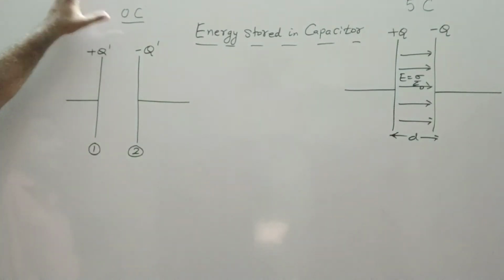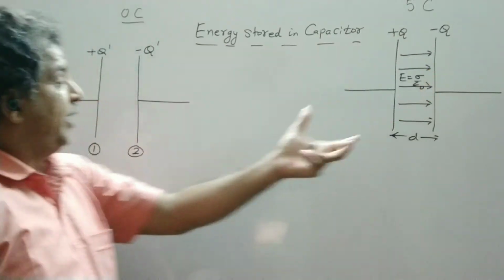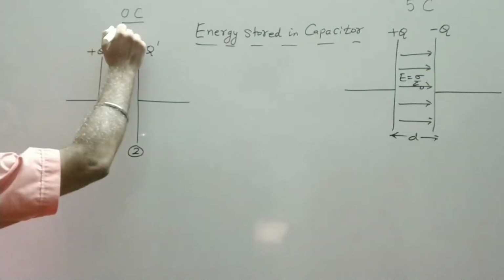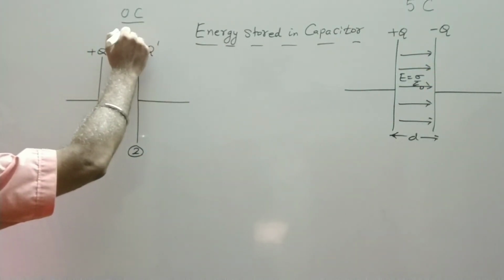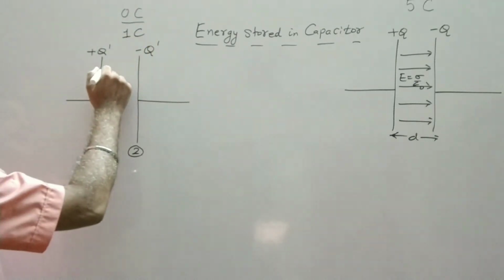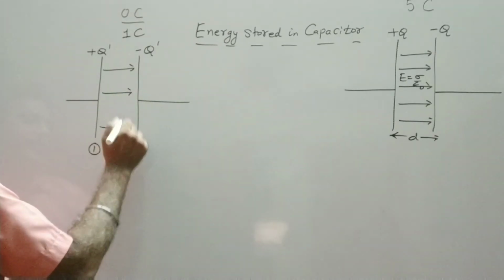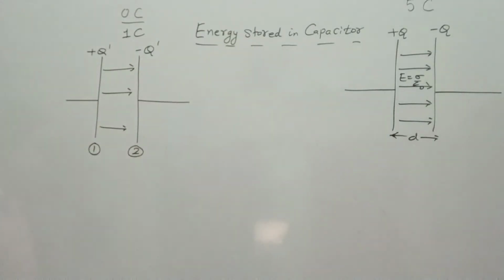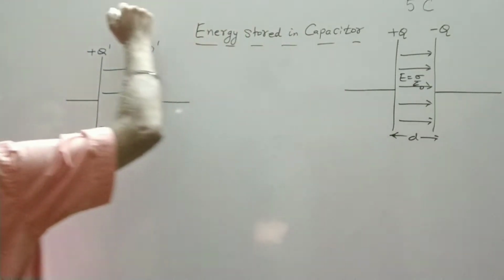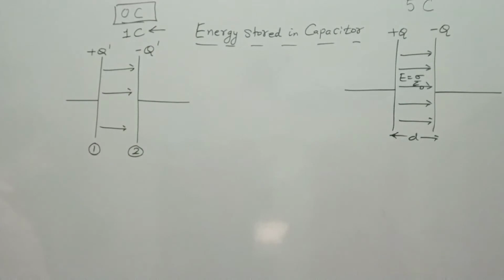Now this is an intermediate position. So initial 0, final we need to deposit 5 coulomb of charge. Let us assume this is an intermediate position where 1 coulomb of charge is deposited. So the electric field established is less than for the 5 coulomb. This is the final situation, this was the initial situation. 1 coulomb is an intermediate position.